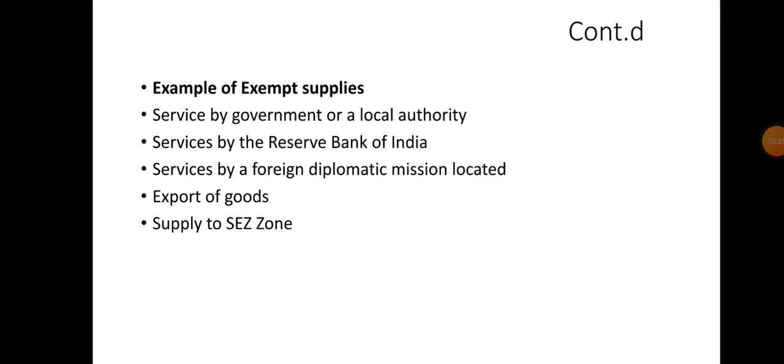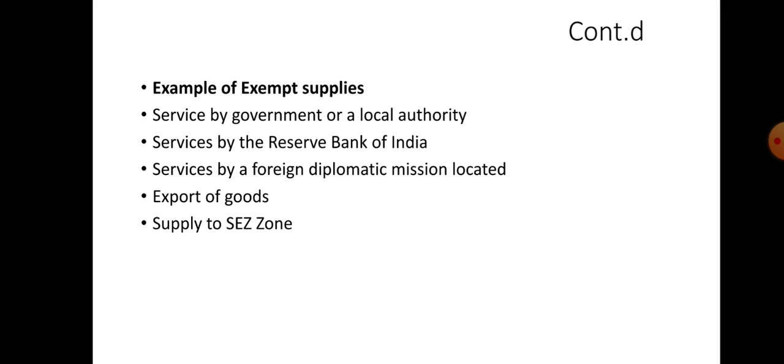Next, we can know about the examples of the exempt supplies. As I told, exempt supplies are defined under section 2, subsection 47. The examples here are any service given by government or by a local authority, any services by the Reserve Bank of India, services by foreign diplomatic missions located, any export of goods, any supply to SEZ zone.